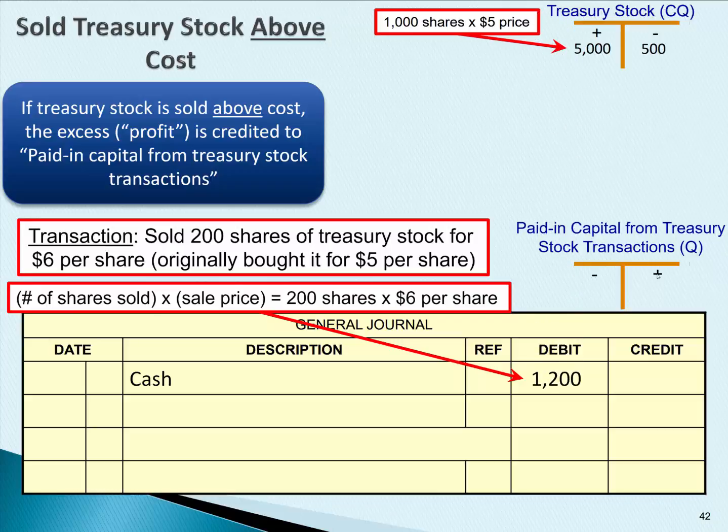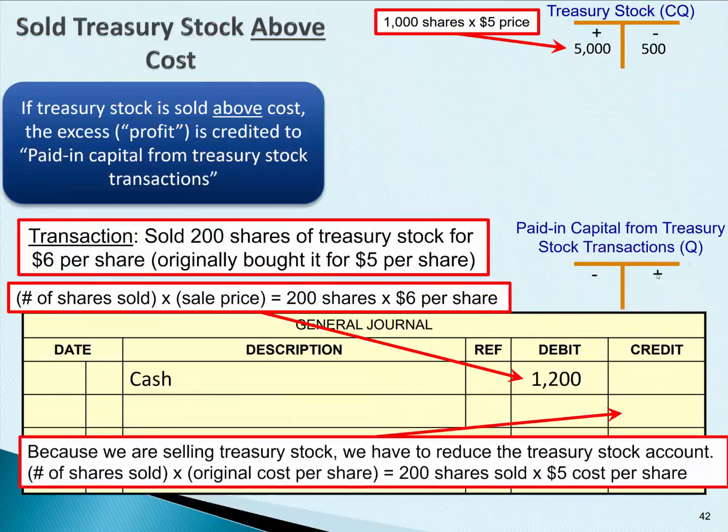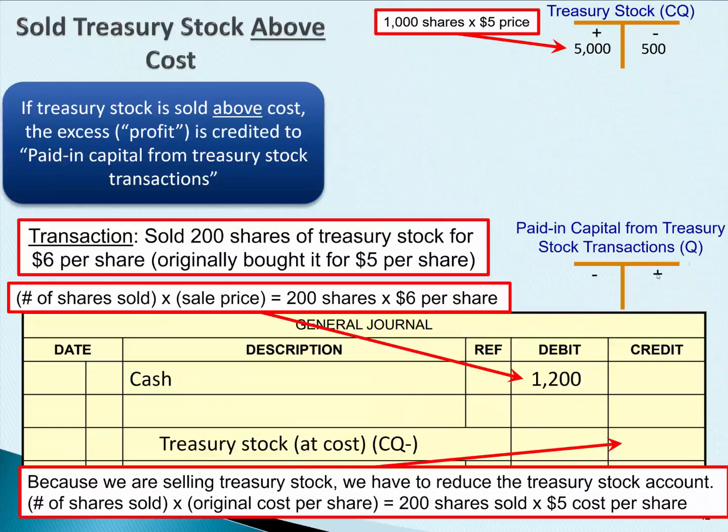And now we need to lower the treasury stock account. But remember, that has to be tracked at its original price, which is $5 per share. So that account is going to go down by 200 shares times the $5 original cost. So that's going to go down by $1,000.